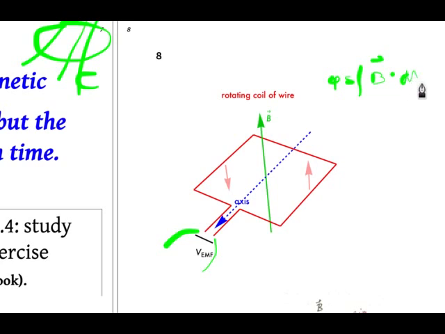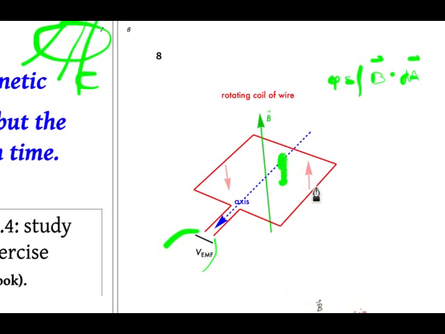Now B is constant. Let's say it's in the Z direction. Now dA is perpendicular to the coil. So in this configuration, dA at any point in the coil of wire would be up in this direction.